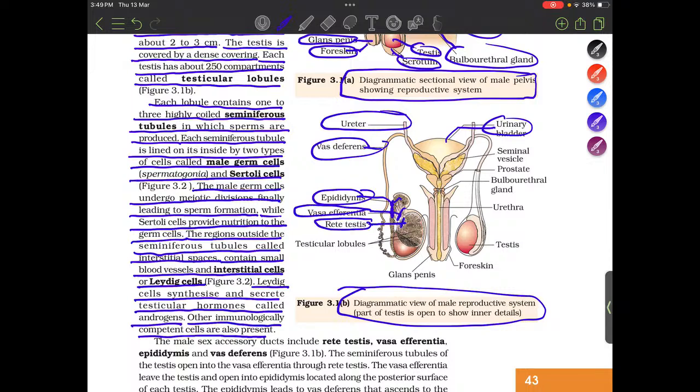This is rete testis, and these are testicular lobules. This is glans penis, and above glans penis this is foreskin. This is testis. This is urethra. This is bulbourethral gland. This is prostate gland, single, and these are paired seminal vesicles.